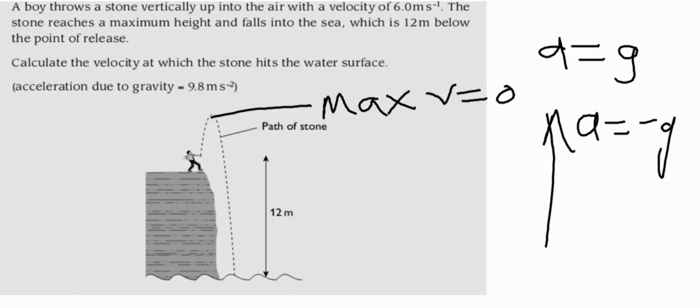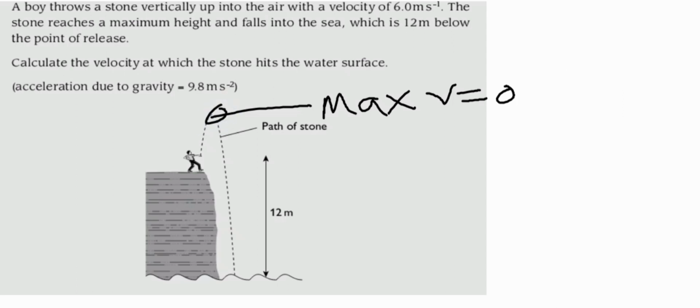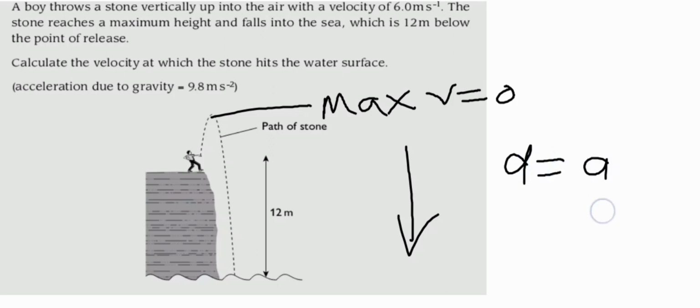At this point, the object is going to be dropped with free fall. Only the acceleration due to gravity is going to act on the object if we ignore the air resistance. So when the object is falling down, we take acceleration due to gravity as a positive value, which is 9.8 meters per second squared.